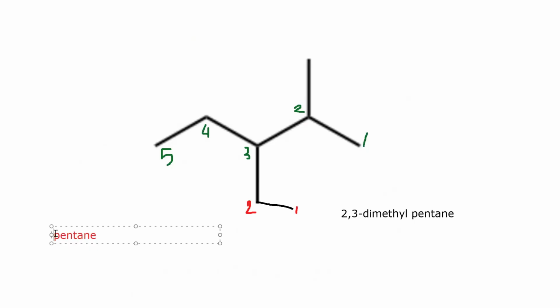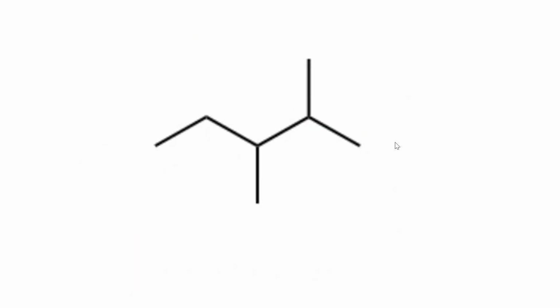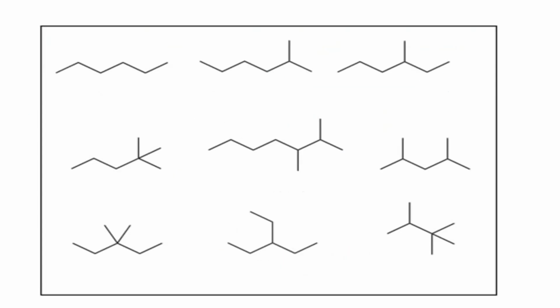Ethyl comes before methyl in the alphabetical order, although it doesn't come before methyl in the carbon order. In this case, we will name it 3-ethyl 2-methyl pentane. Okay, we'll talk more about this in the next examples. So this compound is 2,3-dimethyl pentane. Let's have some examples.